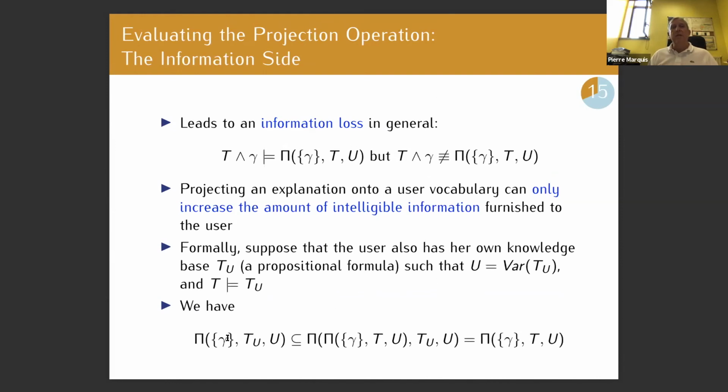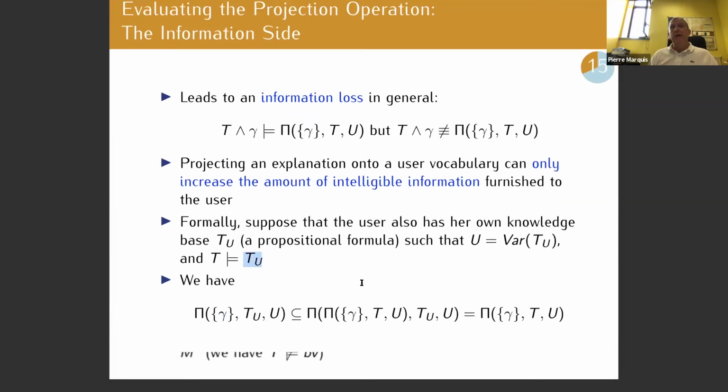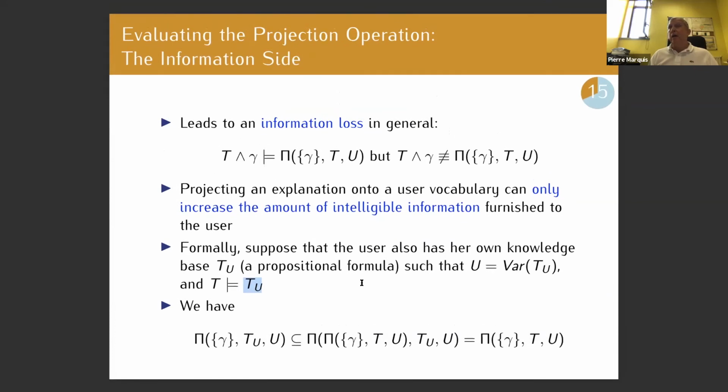So basically, if you now suppose that the user has a knowledge base, of course, which is generated over U, a set of atoms she can understand, and that this knowledge base is, so to say, correct.